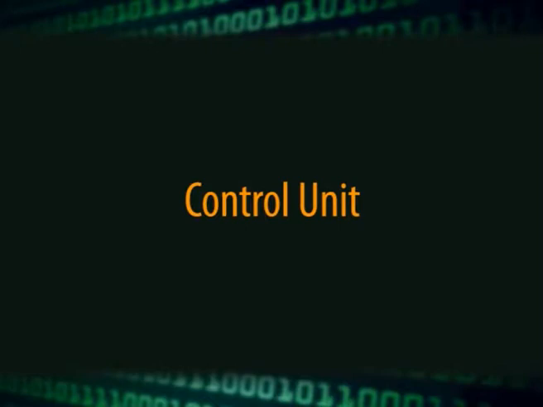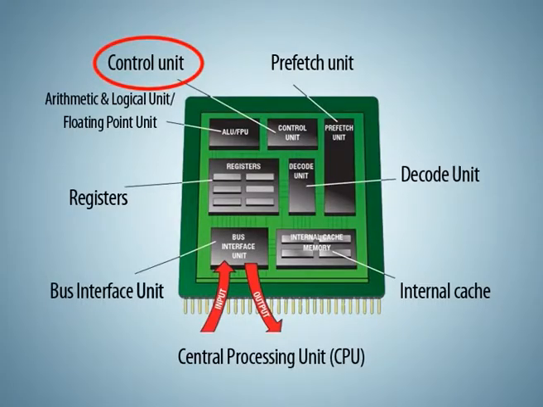The second important component is the control unit, which coordinates and controls the various operations and activities taking place within CPU. For example, in order for the ALU to perform arithmetic operations, the first step is to transfer the operands from registers to ALU. The second step is to perform computation.